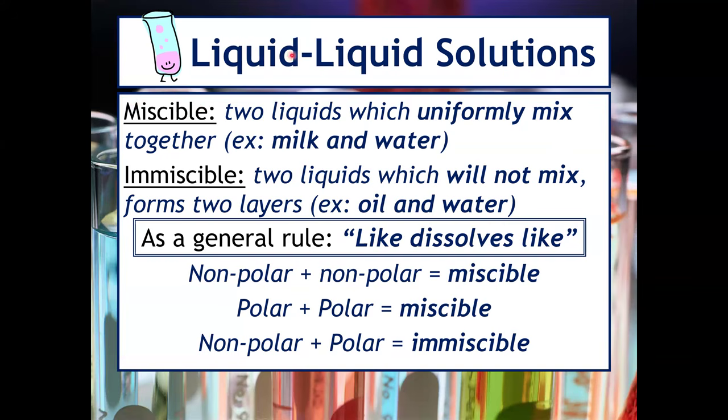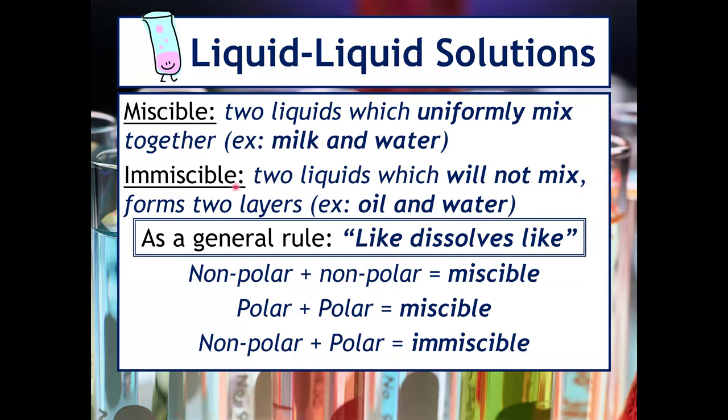When we are mixing two liquids, we use the words miscible and immiscible. The word miscible means that two liquids will uniformly mix together. Milk and water is an example, isopropyl alcohol and water is an example. When you put them together, you can't tell the difference between the two, they mix together. We call those miscible liquids.